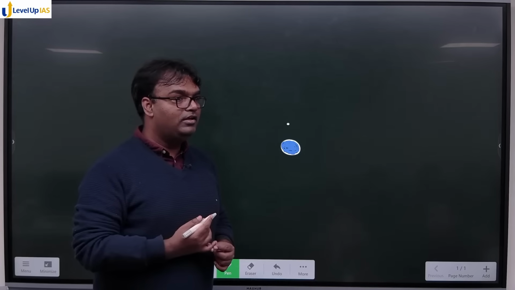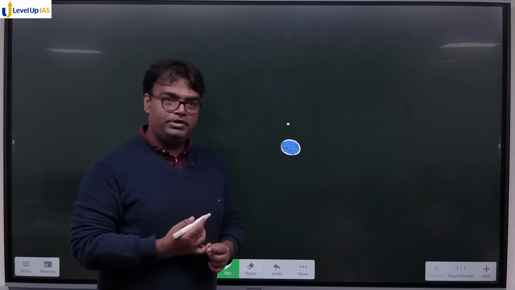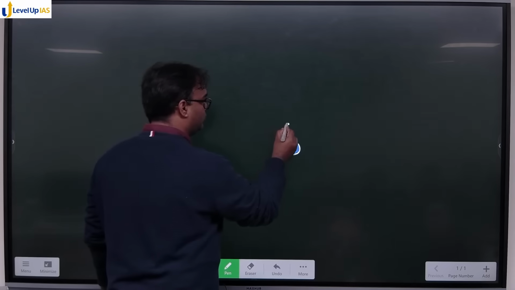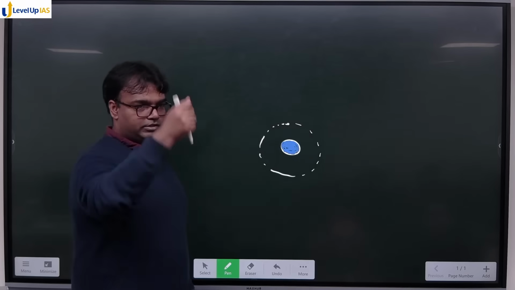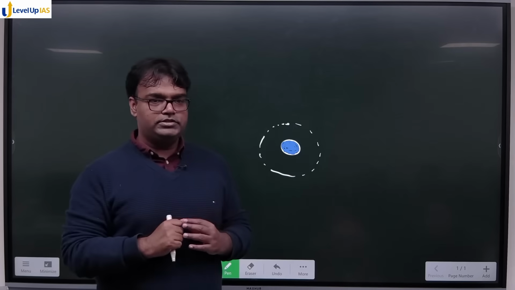It remains in a circular orbit, right? Earth is pulling with gm by r square, so it will remain in a circular orbit.